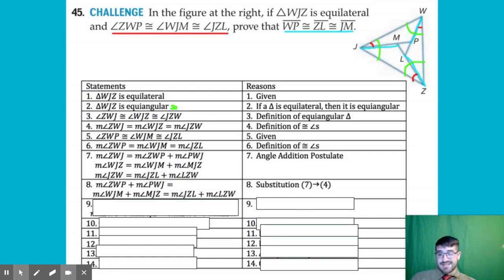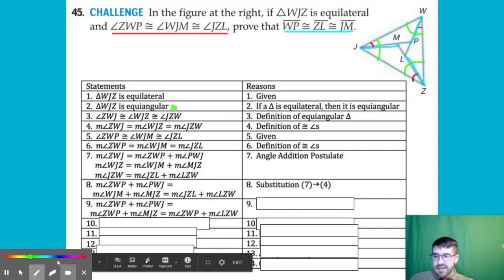Now, if you look at this, and this is really cool, we have that these are equal here in statement 6. We have ZWP here, WJM, JZL in all these equations. So what we're going to do is substitute a little bit. Wherever we see the WJM, we're going to put in ZWP.